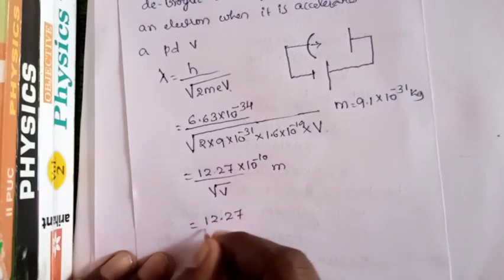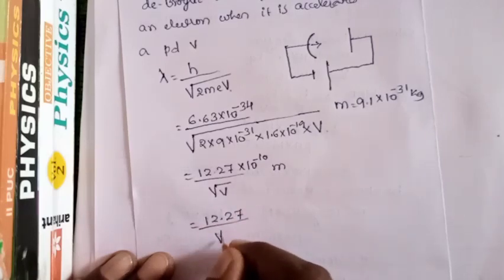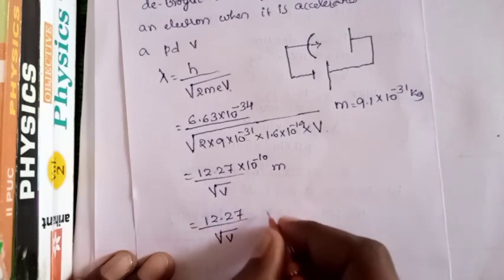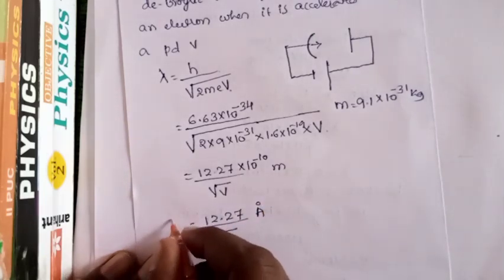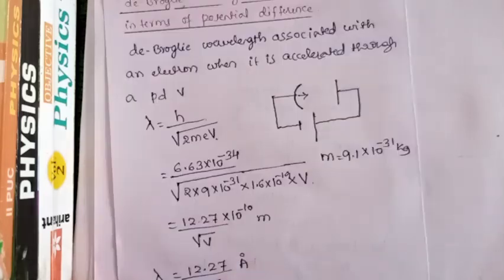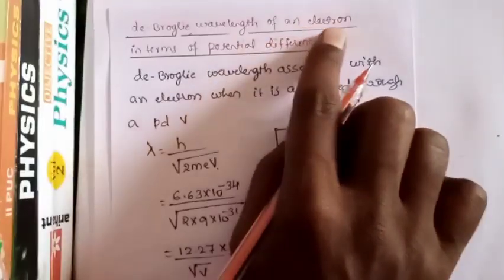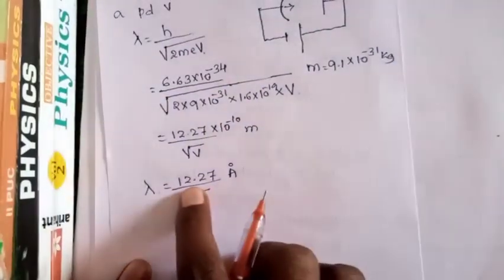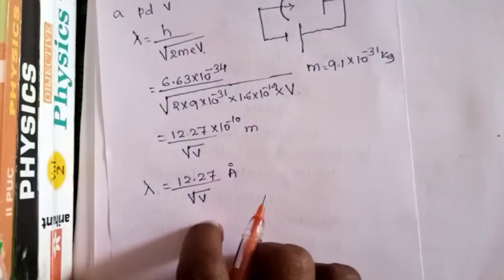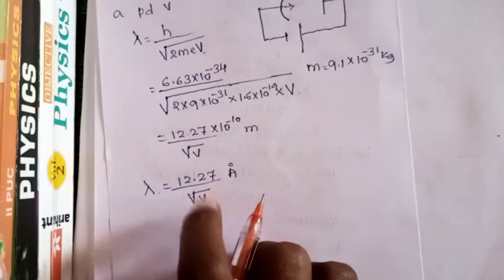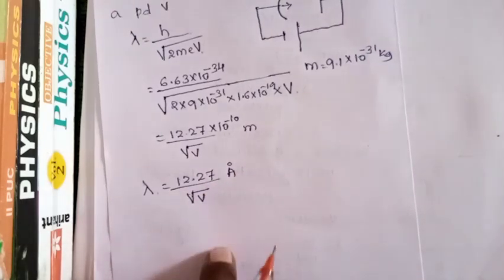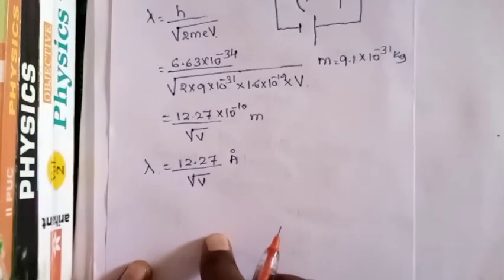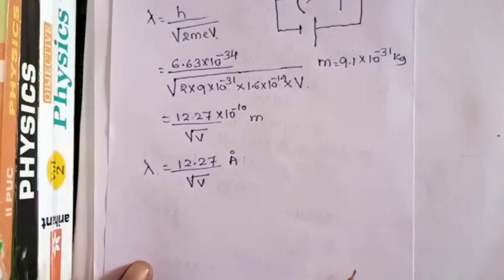So 12.27 divided by square root of V angstrom. Then it is the de Broglie wavelength associated with an electron, means one electron. So for one electron the de Broglie wavelength is 12.27 divided by square root of V, where V means the potential difference. The unit is angstrom here.